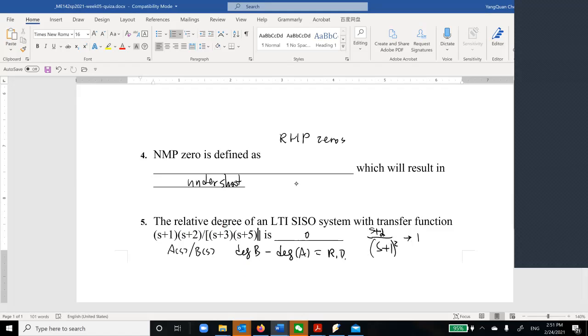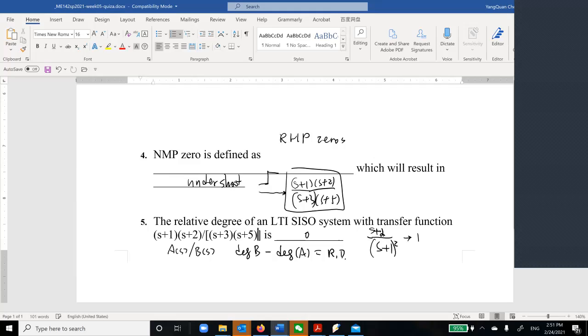But let me do one more thing here. Say for example, you have s plus 1, s plus 2, s plus 3, s plus 5. So you have a system like this, and you want the input to be a step.